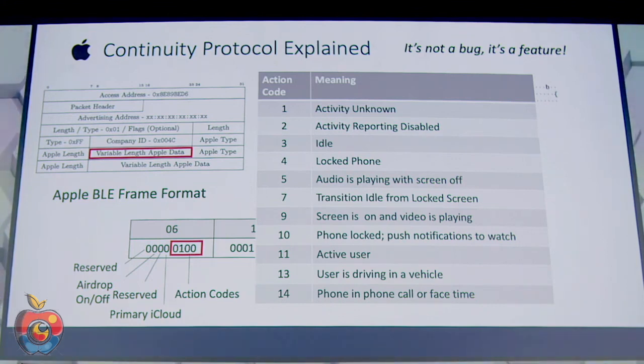It also gives information like whether or not a phone is locked. So if somebody wants to steal your phone and they want to make sure it's unlocked so they can log you out of your Apple ID and resell it, then they can just wait for your phone to be beaconing that 11 active user, which is letting you know that it's unlocked. Or once they see action code number 7, that's transition idle from locked screen.